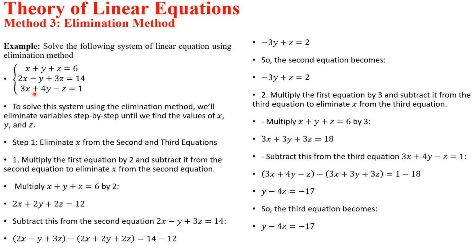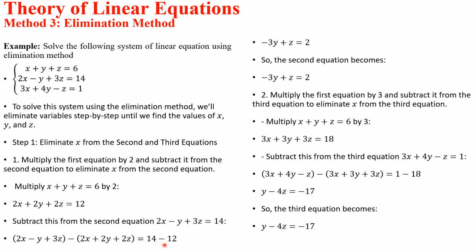In order to eliminate x from these, we need to multiply the first equation by 2. When we multiply the first equation by 2, we get this. We then subtract the next equation from that.